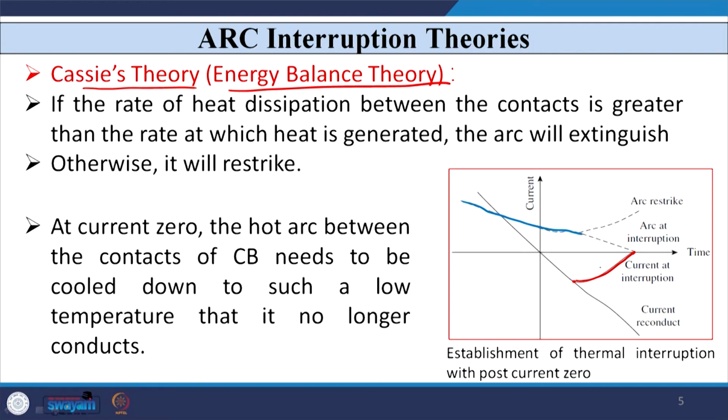As soon as it comes here, there are two possibilities, either it goes like this or it goes like this. Whenever the arc voltage comes here and the current is interrupted here, we can say the arc is quenched, because in this case the rate of heat dissipation across the contact of the circuit breaker is greater than the heat generated.